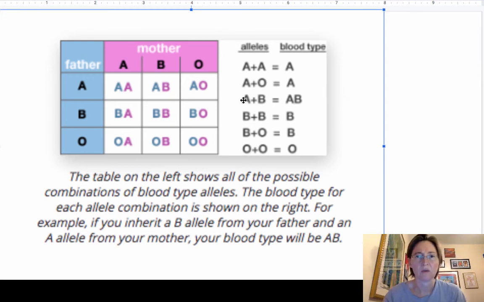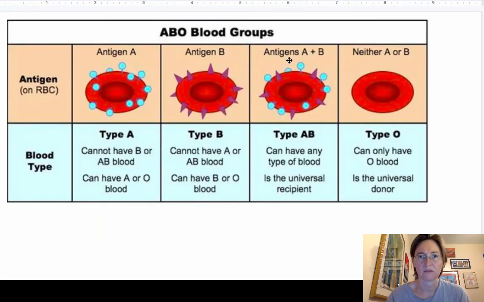In terms of describing what those relationships are, it's said that A and B are codominant because you see both A and B phenotype. You see both fully when you look at the red blood cell. There's the A antigen and here's the B antigen.